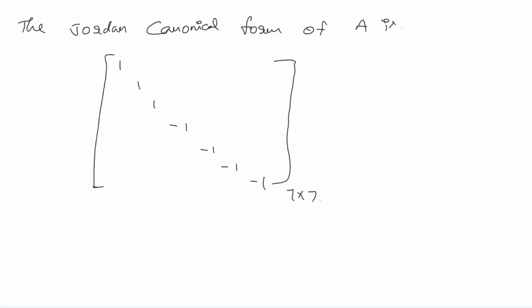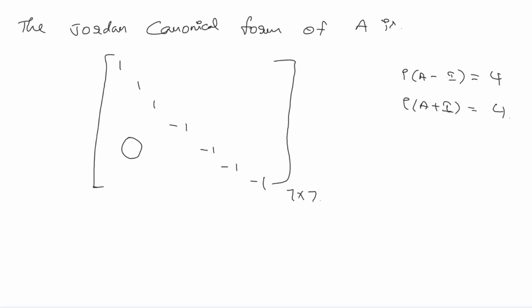So these should be the diagonal entries of the Jordan canonical form, and on the left hand side all entries should be zeros. And on the right hand side, we have that rank of A minus I is 4, and similarly rank of A plus I is also 4. By using these two conditions, we have to construct the Jordan canonical form.